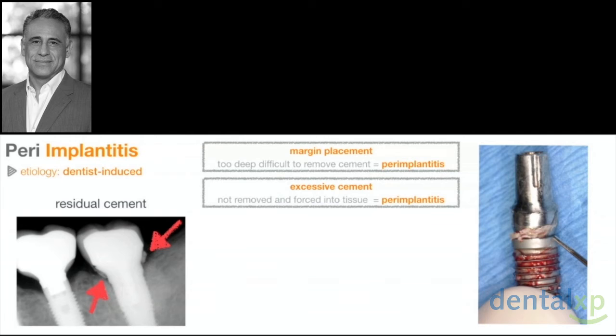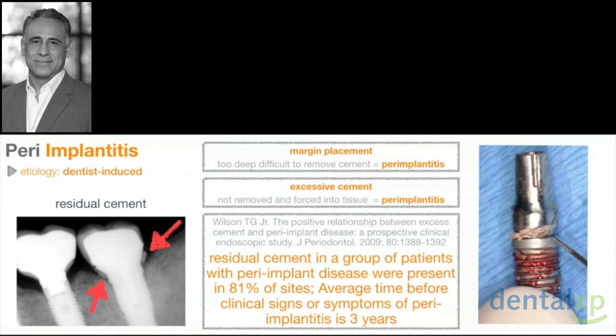Residual cement, of course, is a huge problem, and it's been cited by many as a major contributor to peri-implantitis. Essentially, whether the cement is too deep, where the margin of the restoration is, and it's very difficult to remove, or whether there is just excessive cement that has not been removed and forced into the tissue, in both situations peri-implantitis is highly likely.